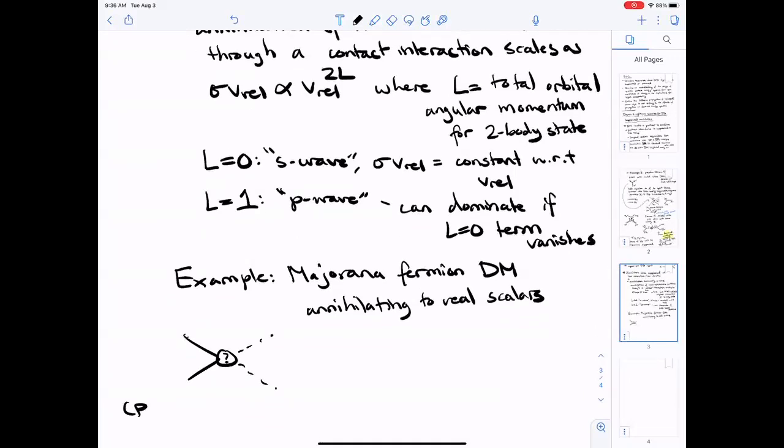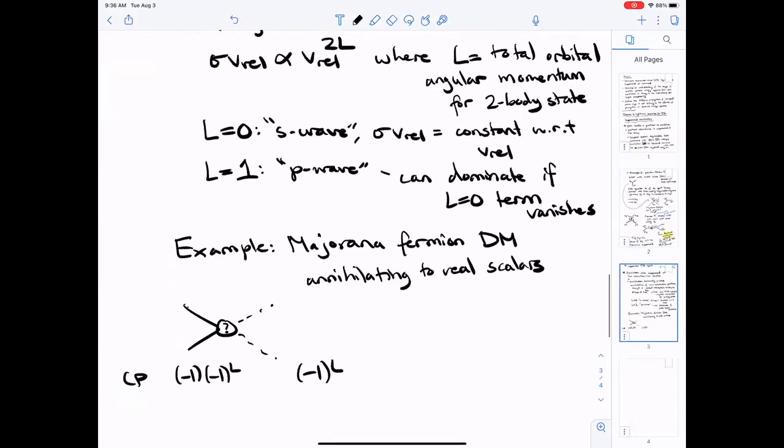If I ask about the CP properties of the two real scalars, it's just -1 to the L, where L is the angular momentum quantum number. So this says to preserve CP, you need to change the total angular momentum quantum number when you go from the Majorana fermions to the scalars.